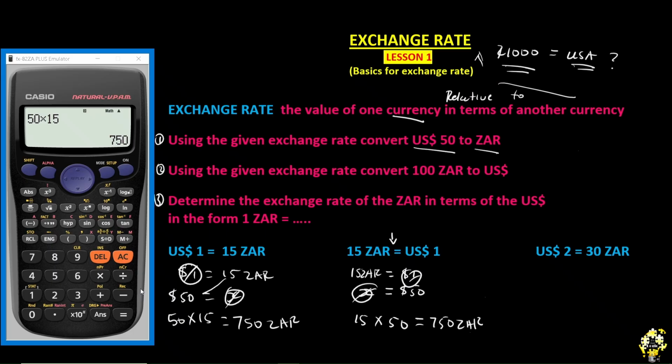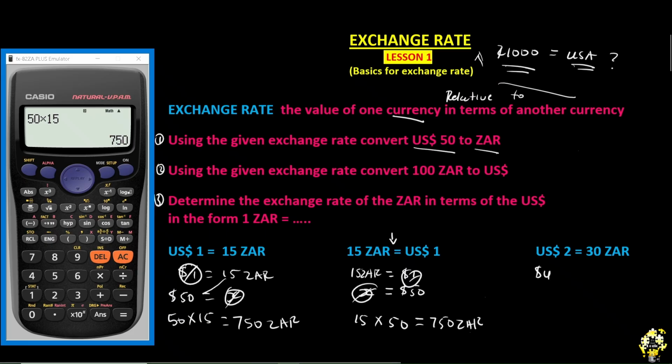Now let's get to this one because it looks a bit different. Now here you have 2 US dollars is equals to 30 South African rands. Again, the first step, rewrite the conversion factor, which in this regard is 2 US dollars. Okay, didn't have to write that.